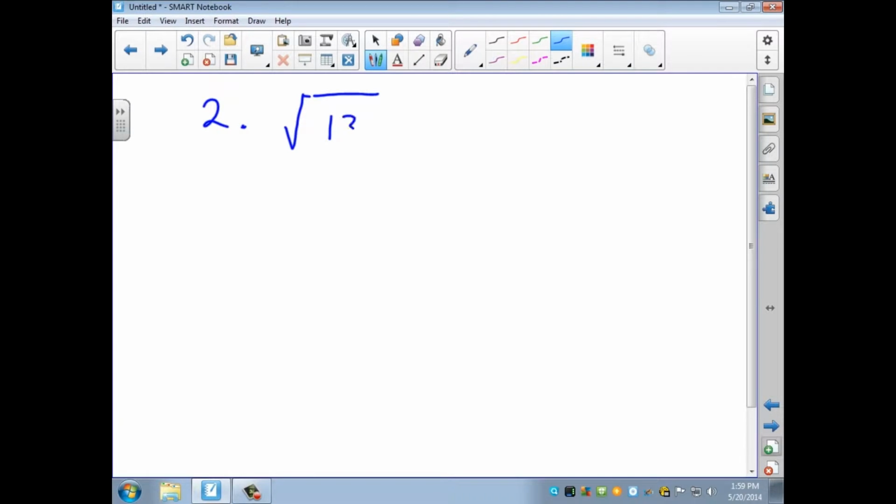Now, from each section I'm going to pick a problem or two and do it. The first set says classify the number as to type, and number two has the square root of 13. So it is asking you, what is the square root of 13?